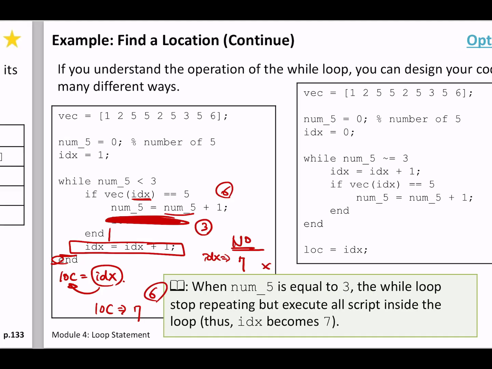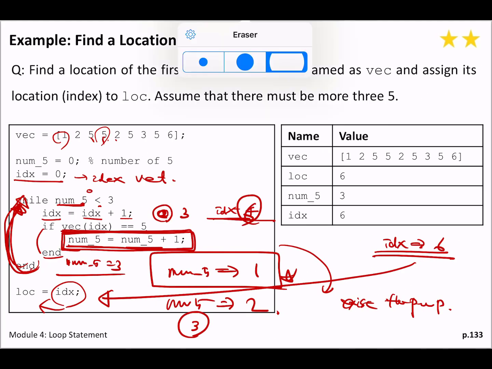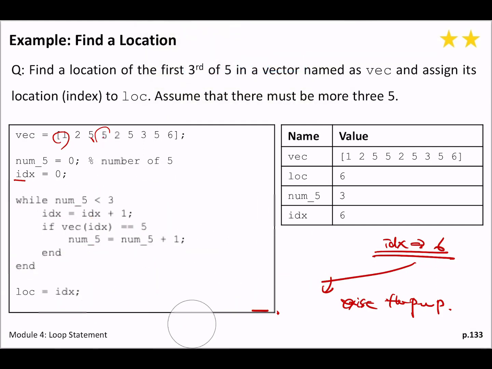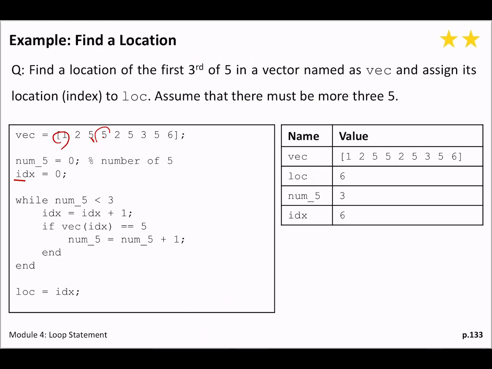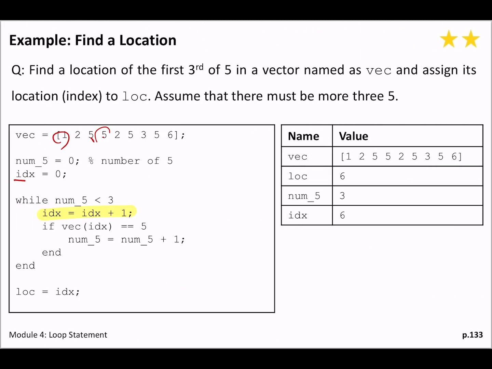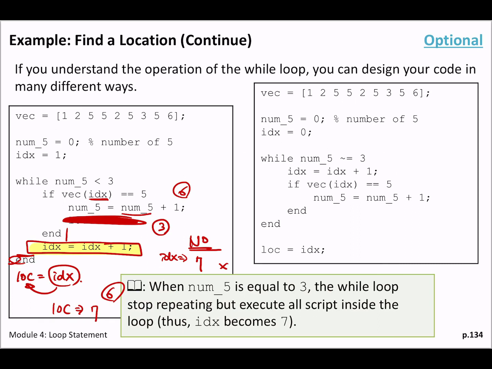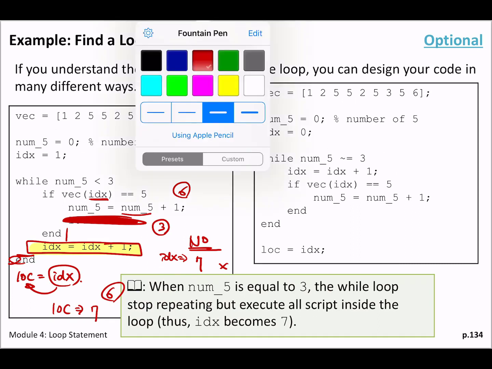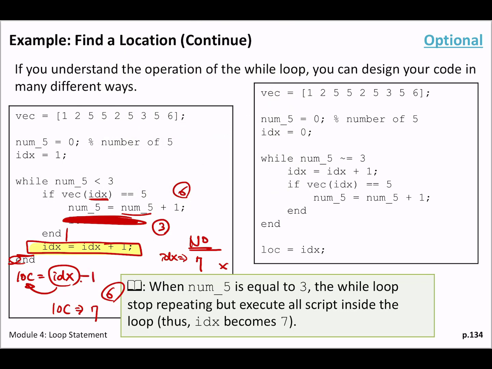So compare with the previous code. In this code, depending on this idx location, your final assignment statement should be different. But in this case, the correct way to assign the location is idx minus 1. Okay? Can you see the difference?